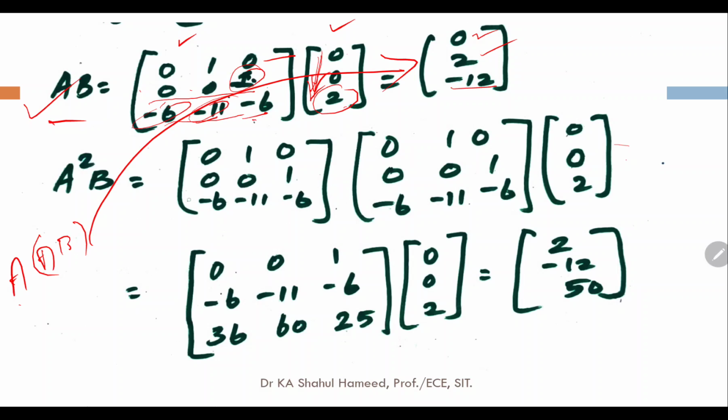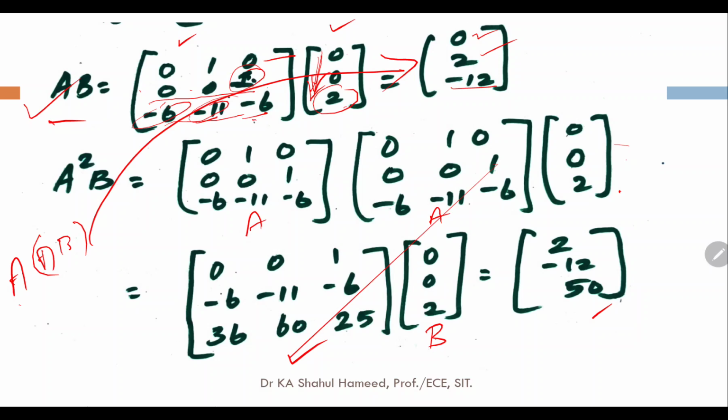Here I just multiplied A and A square, and then B. When I multiply these two things, I get this one, and then multiply with B. So I get the matrix output as 2, minus 12, and 50.